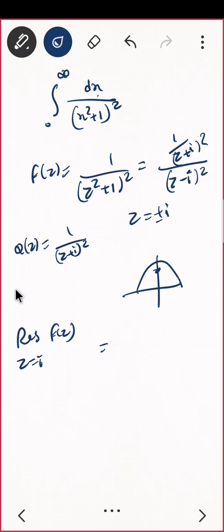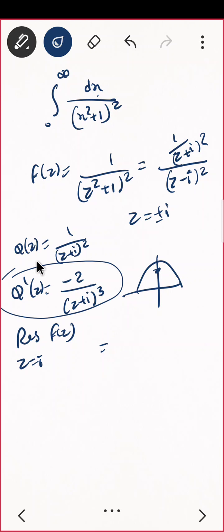Find the derivative. Phi dash of z, what will come? It will be minus 2 upon z plus i cube. Am I correct? Just quickly check. So the residue is phi dash of i upon 1 factorial.